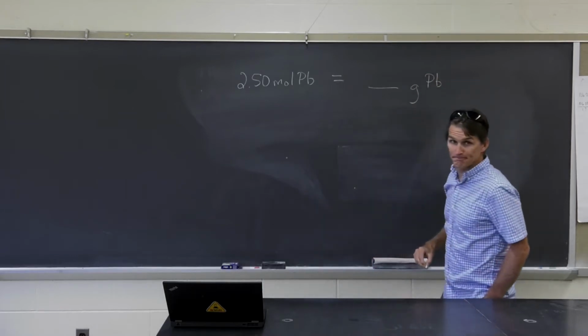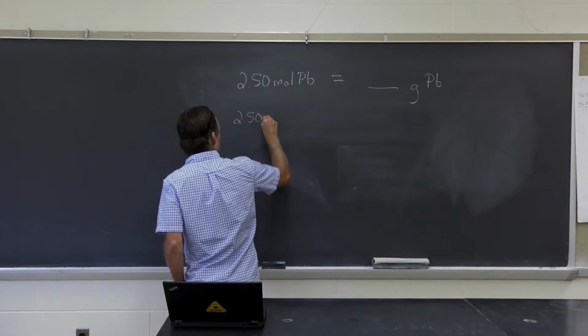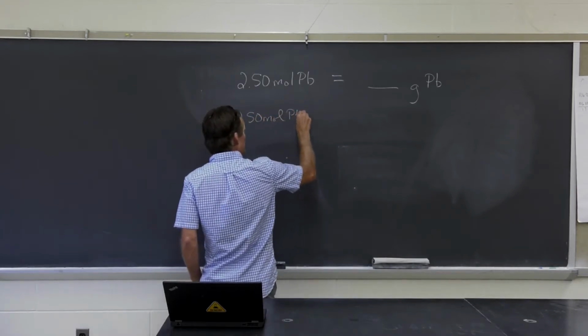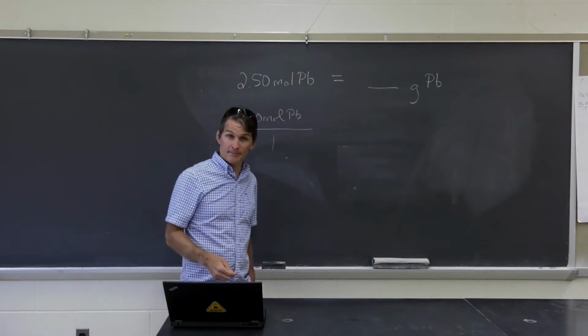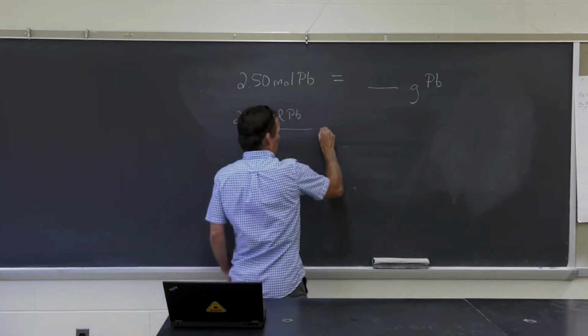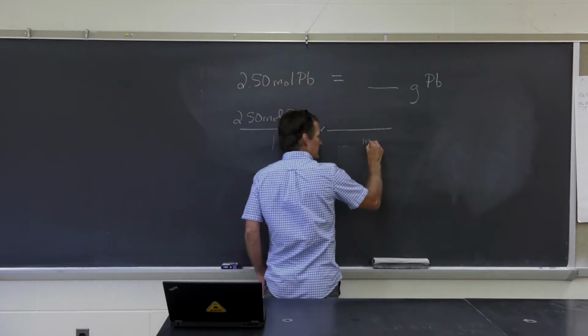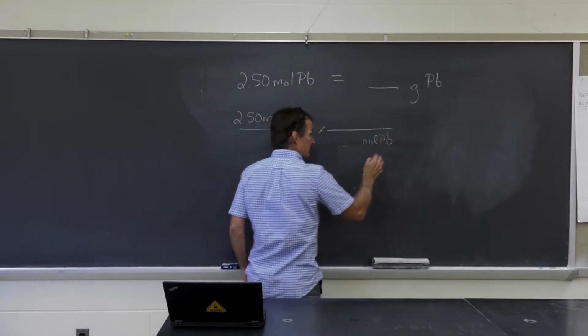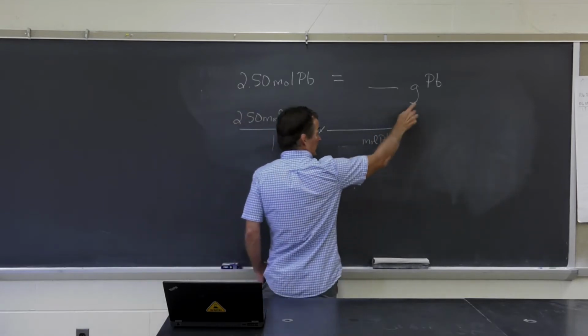That's our question. So I'll just set this problem up like I normally do. I take the information I know, 2.50 moles of lead. I set it over 1 to remind me that I'm going to do a conversion factor here. And what I want to do is convert moles of lead. So I'm going to put that on the denominator because this is the unit I want to get rid of. And what do I want to convert it to?